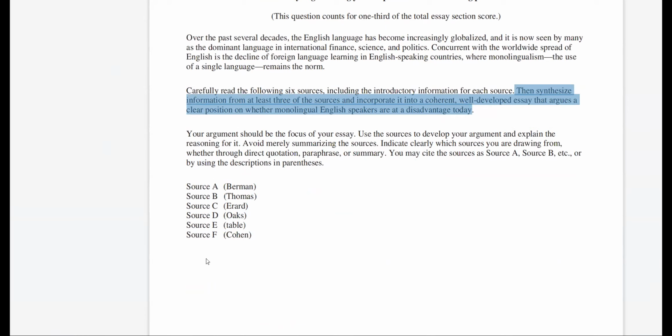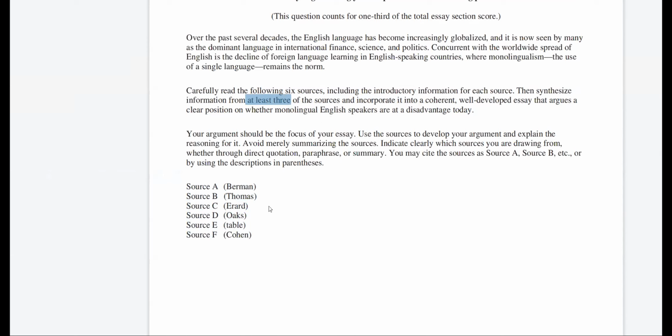What if we misinterpret one of them? If we only use 3, let's say A, B, C, but somehow we misinterpret source B, then we do not meet the requirement to utilize 3 sources. Does that make sense? If we use all 6 and somehow misunderstand 3 out of 6, we still have 3 sources we correctly interpreted, and we qualify, because they only ask for at least 3.